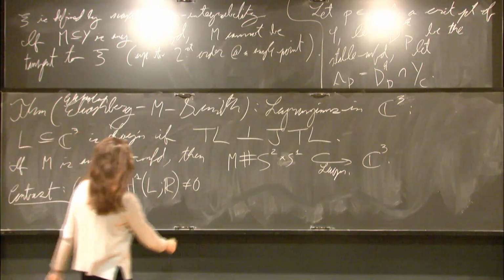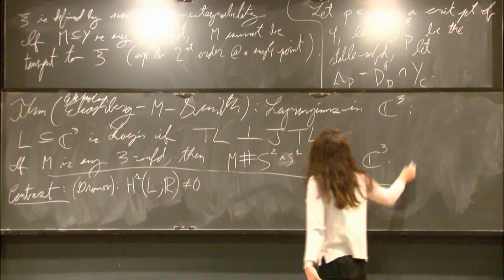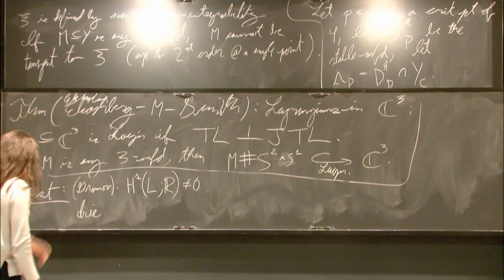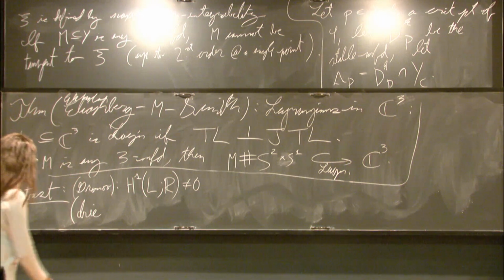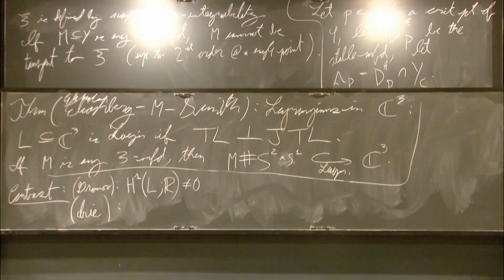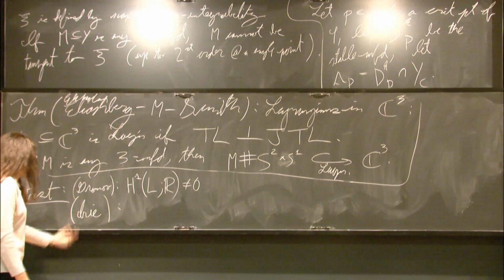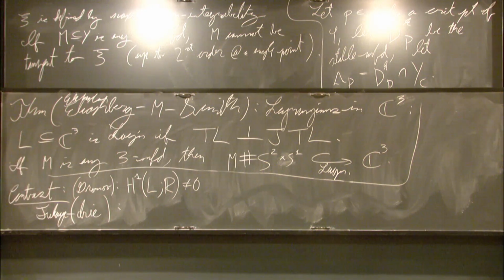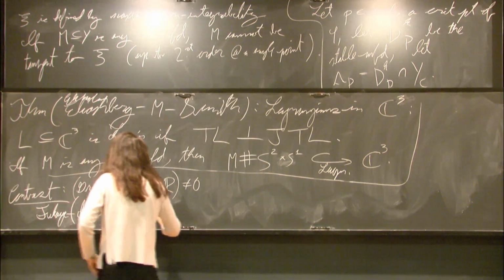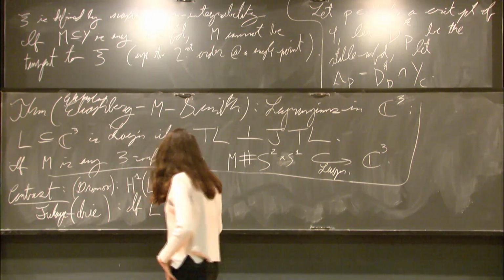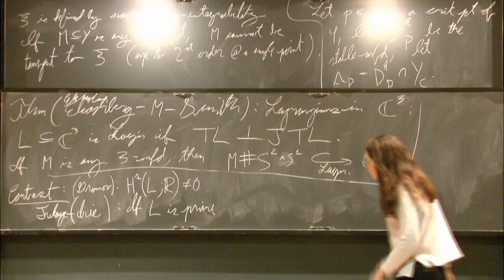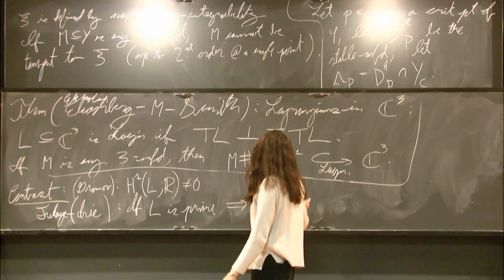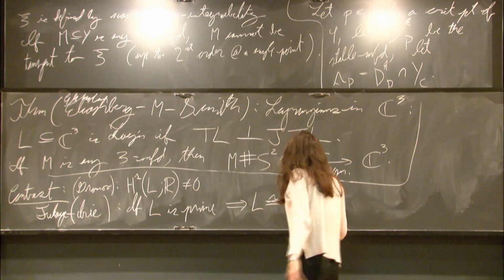And maybe an even stronger version, due to Fukaya and Eliashberg, says that if L is a prime three-manifold which is Lagrangian, then it follows that L is actually diffeomorphic to S^1 cross a surface.